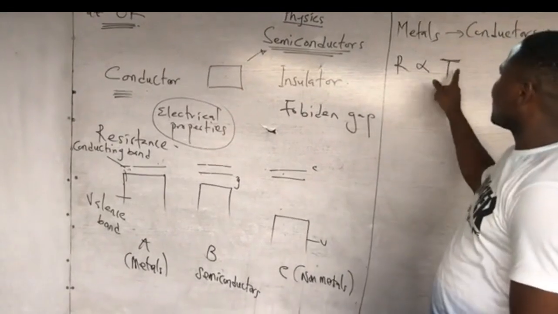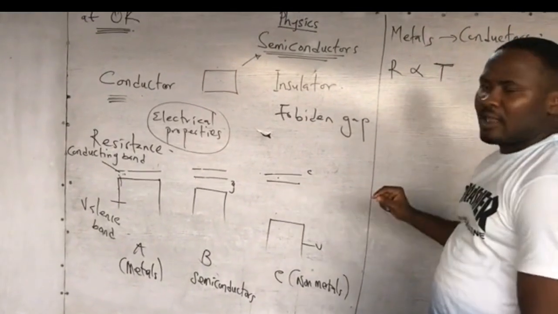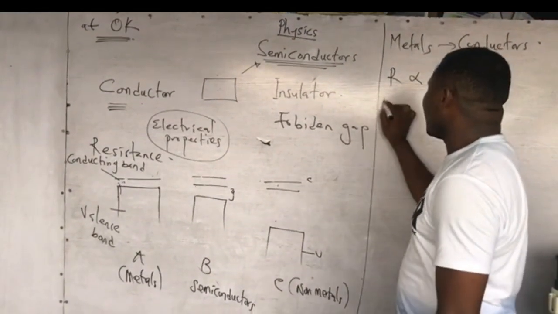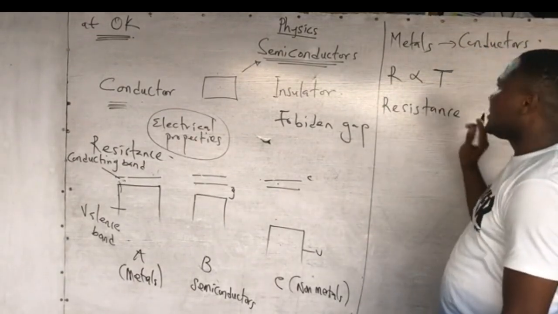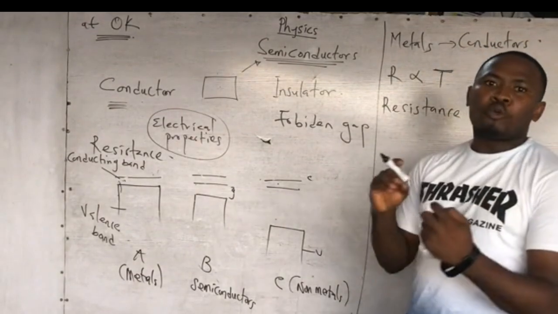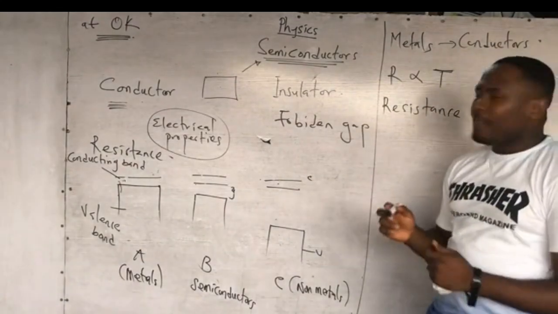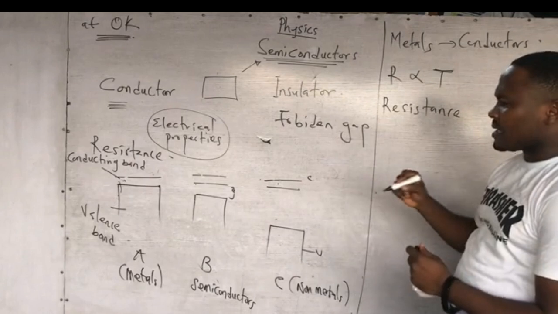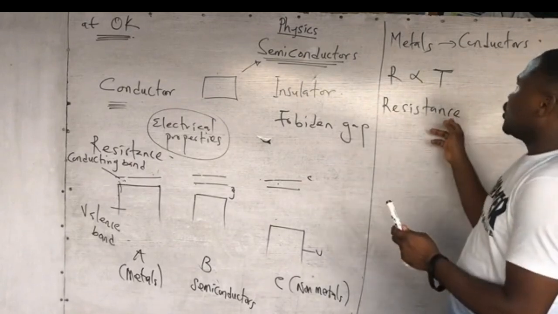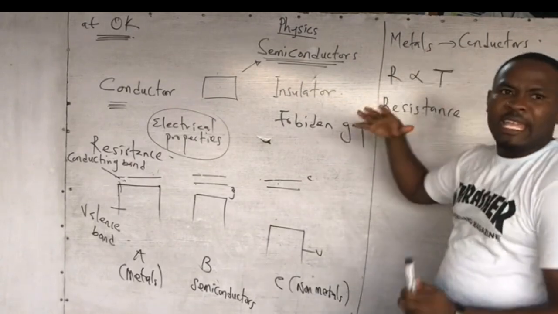Now, if an increase in temperature increases resistance, and you know that resistance, please take note of this, very important, is an opposition to current flow, therefore it means that the opposition to current flow in metal increases.